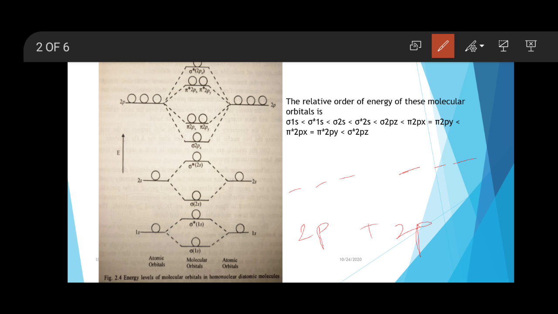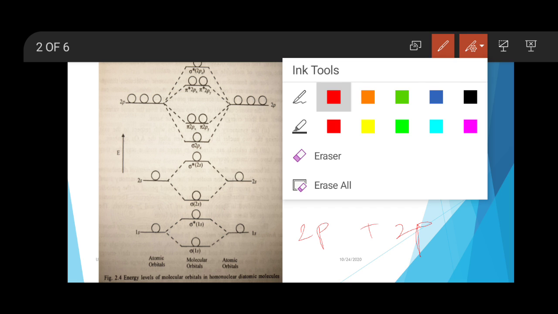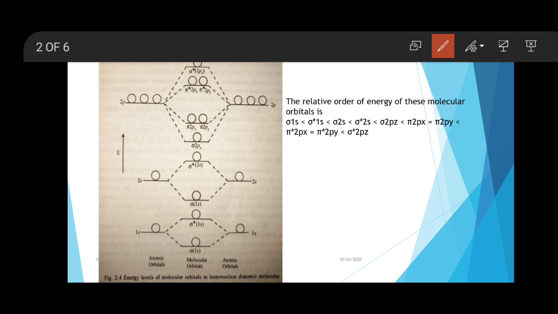So in total how many orbitals combine? 6. So how many molecular orbitals will form? 6 molecular orbitals, and these 6 are mentioned in this diagram. These are the 3, these are 3. Out of the 6, 3 will be bonding and 3 will be anti-bonding.